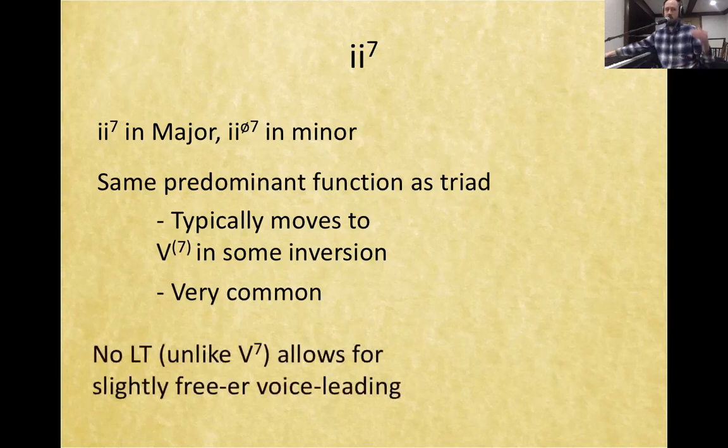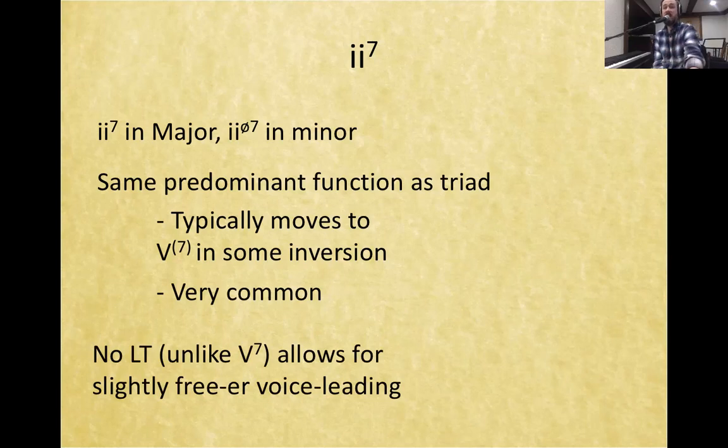And as I mentioned, the big marquee technique with the 7th added to the 2 chord is that unlike 5, there is no leading tone. So our voice leading is somewhat freer. You can see I've coined the term freer. Three E's in a row, what could be more fun than that? So since there's no leading tone, we're a little bit more open-ended with how we can use the 2/7 chord here. But again, it's going to be going to 5.